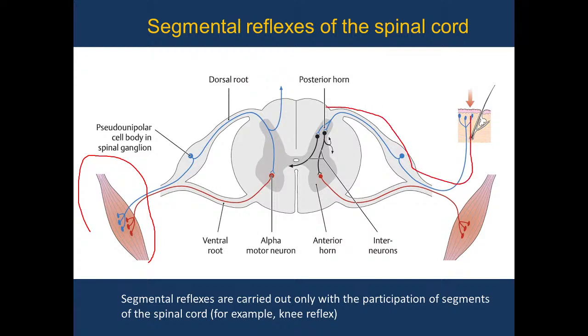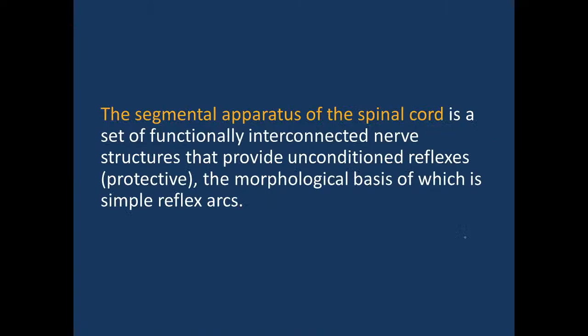This is the first neuron here. The second neuron is in gray matter, and the third neuron is the anterior horn motor neuron, which produces an impulse that comes into muscles, and we get resulting contraction of skeletal muscle.